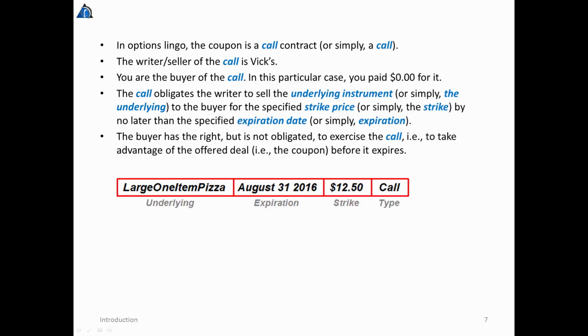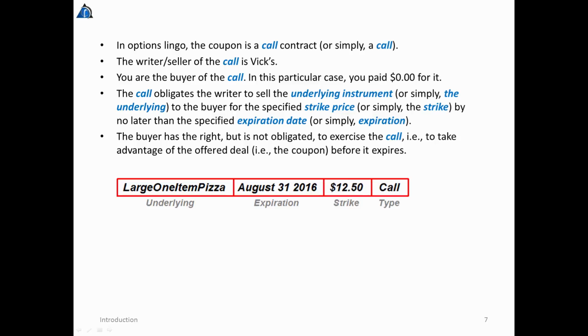In this particular case, you paid $0 for it. The call obligates the writer, in this case Vic's restaurant, to sell the underlying instrument, or simply the underlying. Sometimes it's also referred to as the underlying product. In our case, it's the pizza, of course.